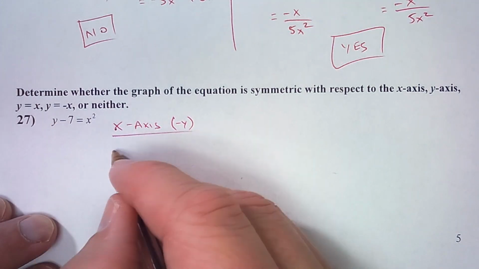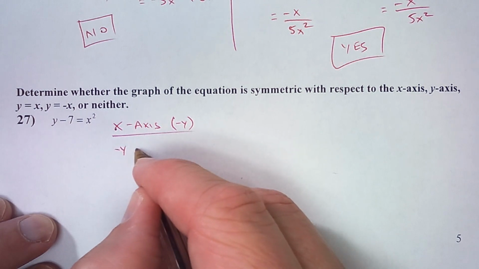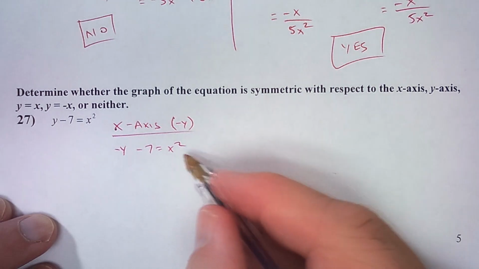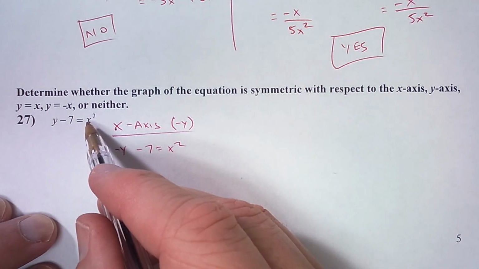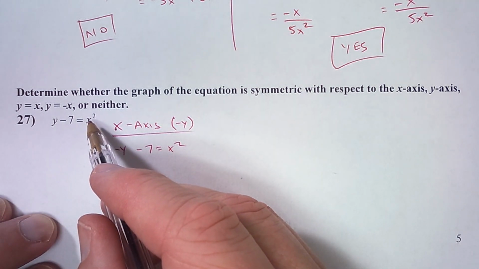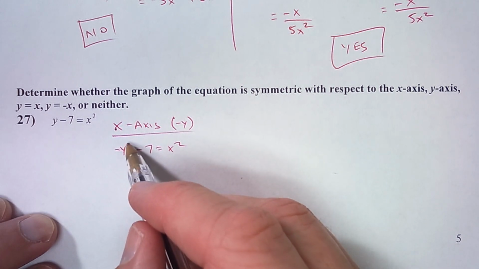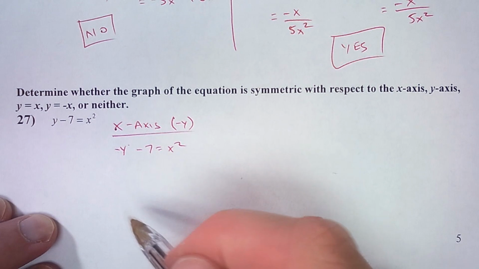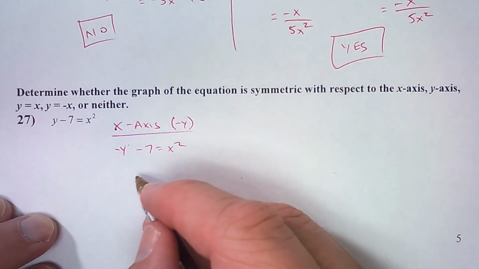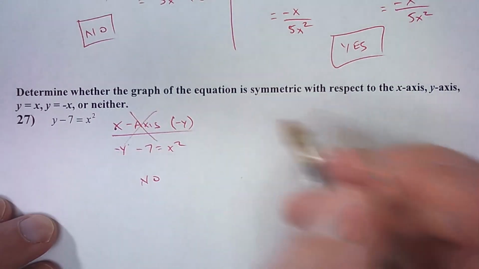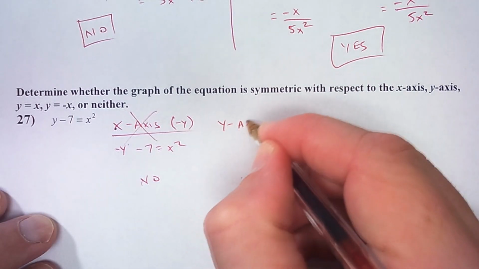So I'll test -y minus 7 equals x squared. Now this right side already matches the original, and there's no way to change that. It's got an odd power. It's not going to cancel out that negative. So no, there's no symmetry there.